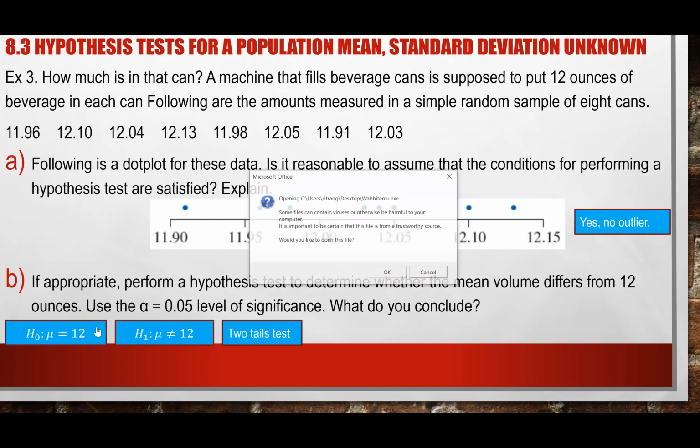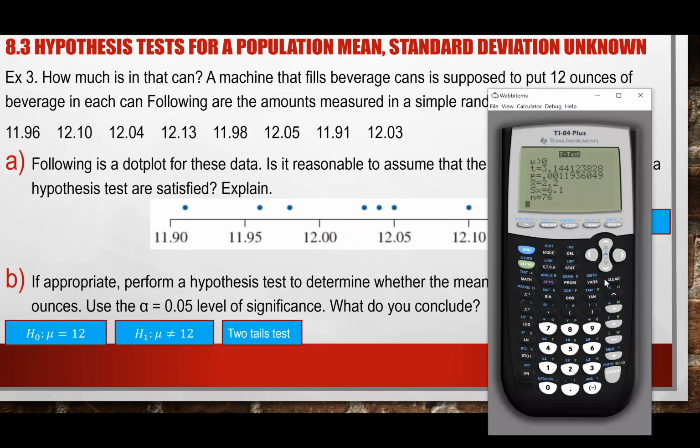Now, looking at this item, if you have raw data such as this, and you want to tell your calculator to do it, you have to edit your data, meaning you have to put your data in your L1.